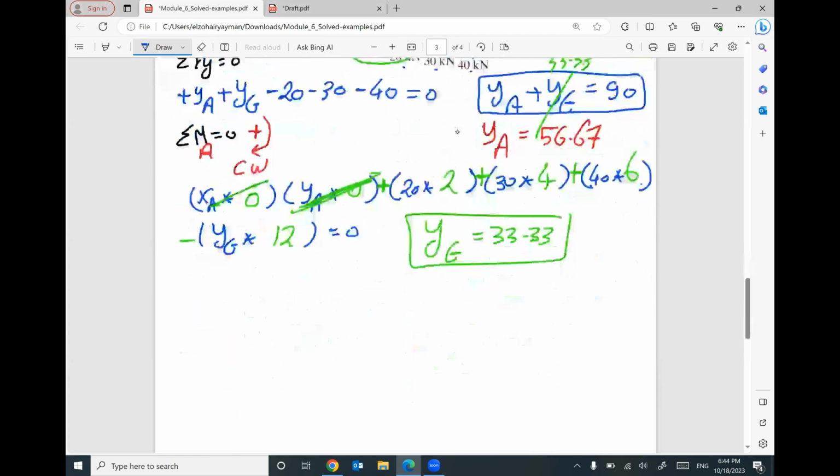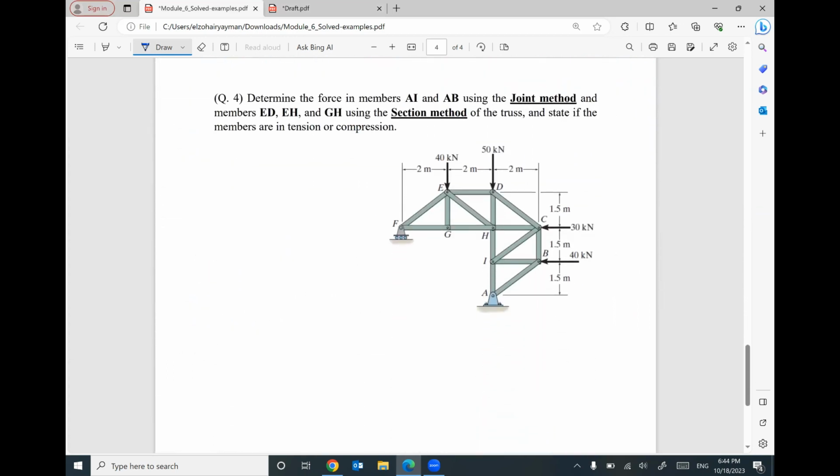Okay, the last problem that I would like to cover today, this one.